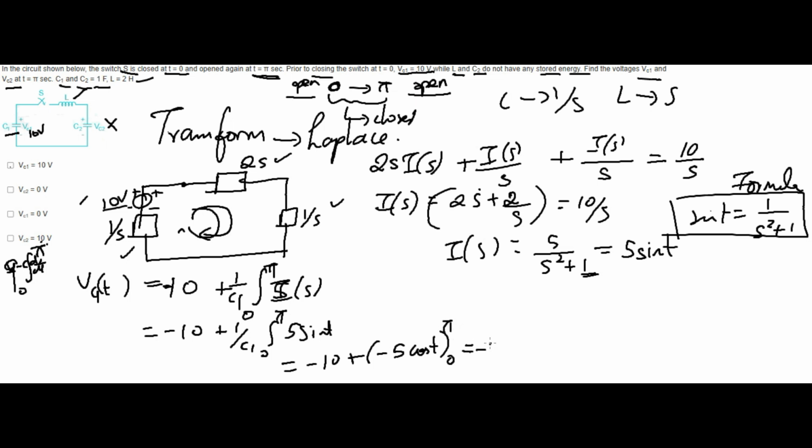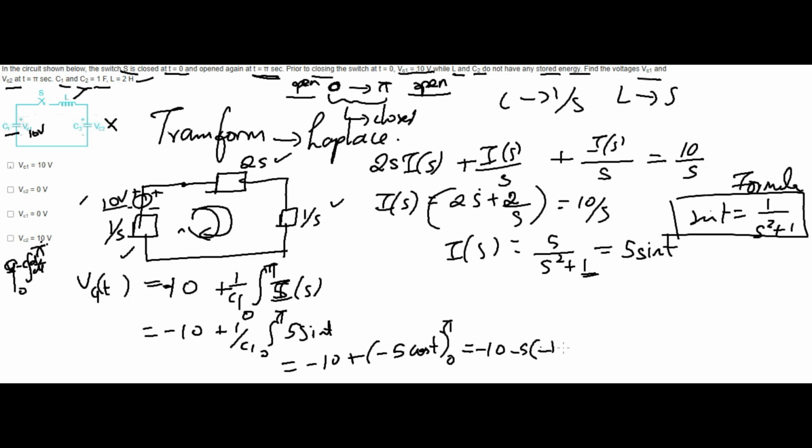So if you do so, minus 10, and then afterwards you take the minus 5 outside. What is cos pi? You know that value, cos pi is minus 1, is it right?